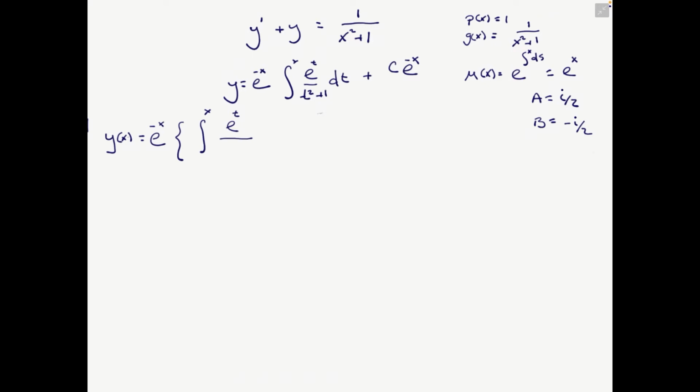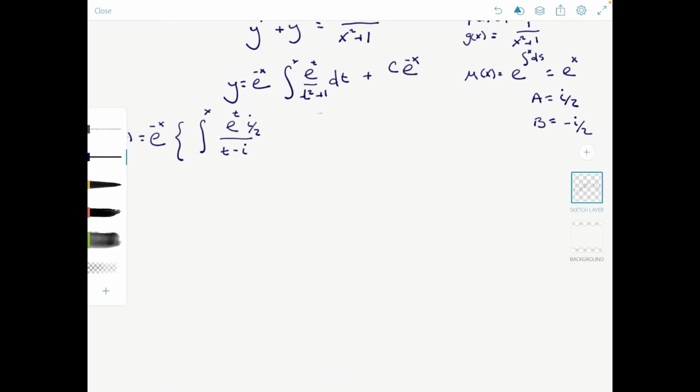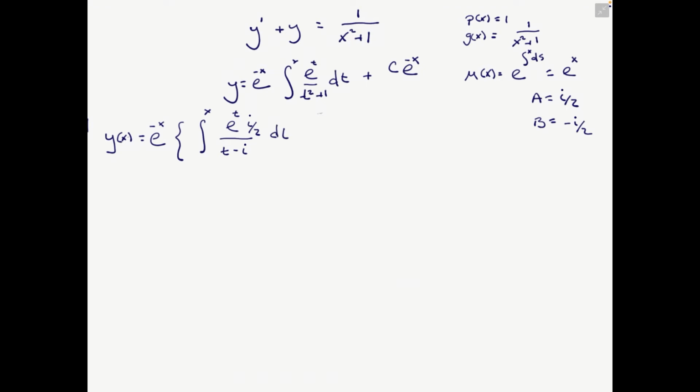It was t minus i on 2, dt, minus, whoops, before I go that far, the integral of e to the t over t plus i on 2 dt, plus c e to the minus x.